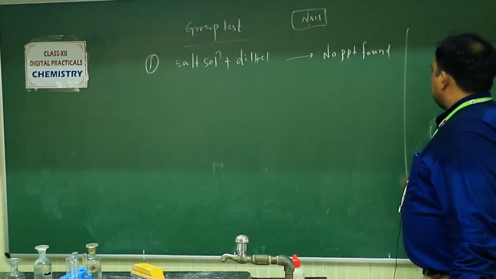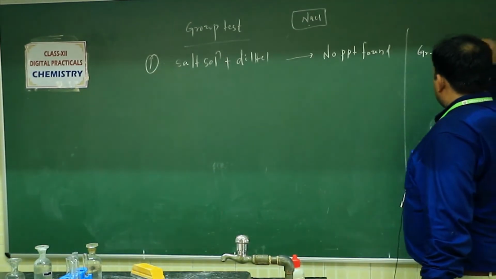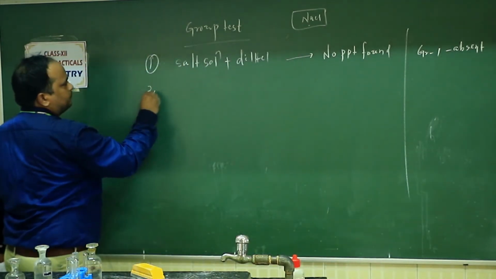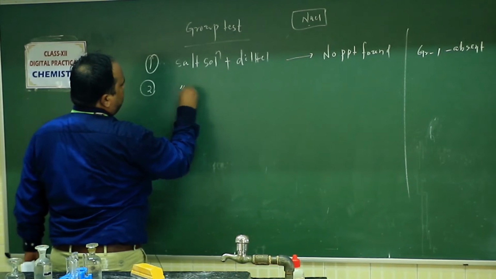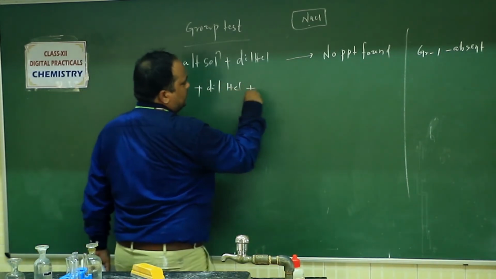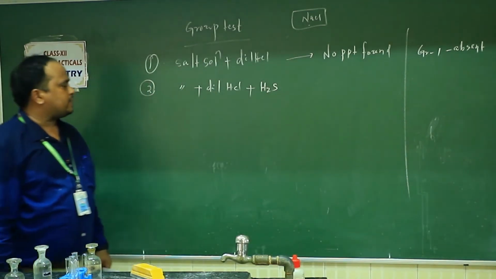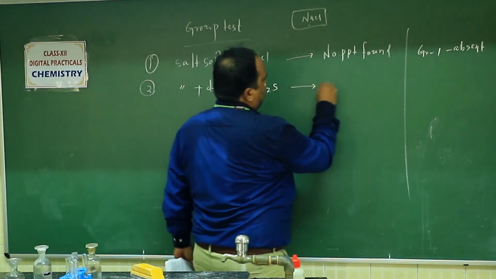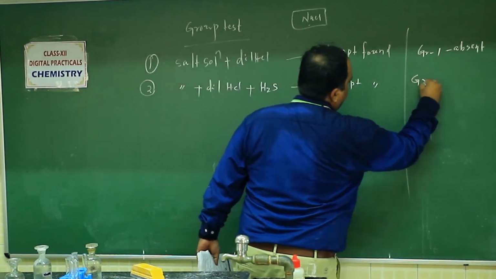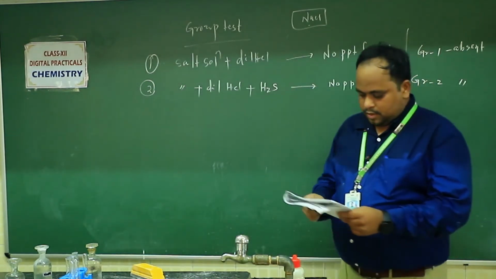That means you will write group 1 absent. Then we go for the second one: salt solution plus dilute HCl, slightly warm this, then pass H2S gas. Again no precipitate found. That means group 2 absent.